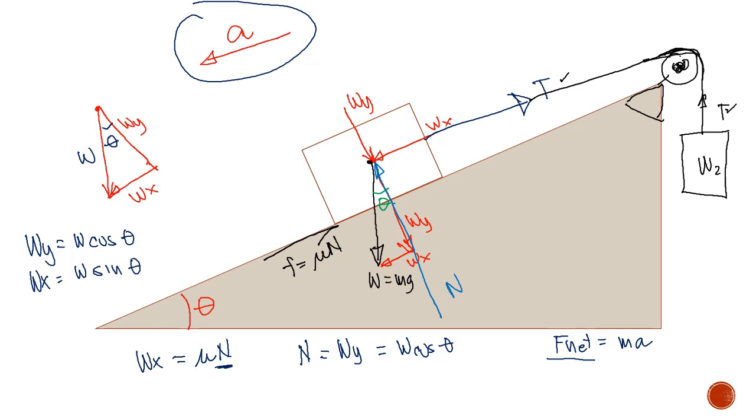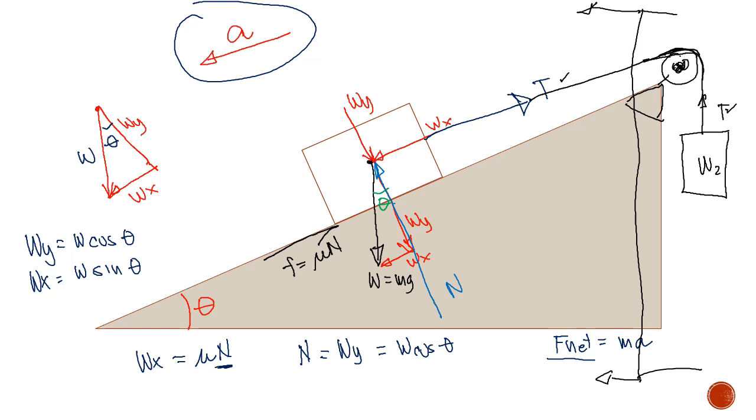Now, what you're going to do? It is very easy and very convenient for you to solve this by making FBDs separately. All we have to do is analyze this one first and then analyze the other one. In that case, we will clearly see what is happening in the system. Of course, do not forget, you have to assume the direction of your acceleration.